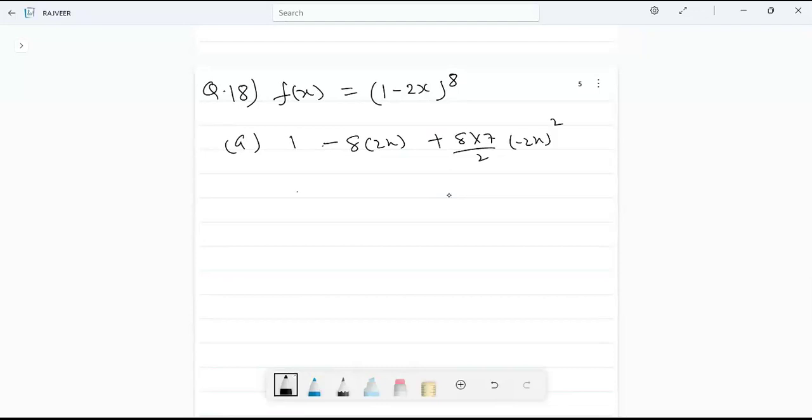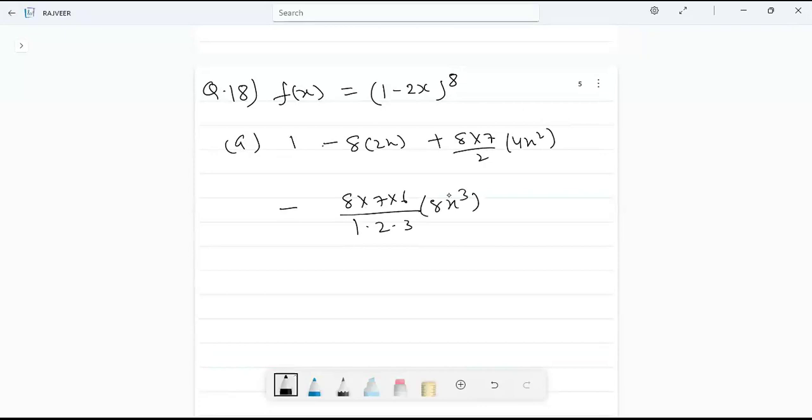So plus will be there, in fact plus 4x squared. And minus 8 into 7 into 6 over 1, 2, 3, and 2x cube means 8x cube.